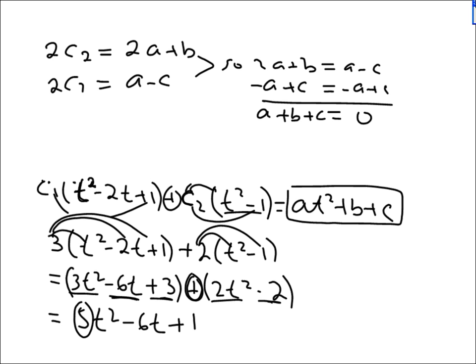When I add the a, the b, and the c, I can add them in any order. 5 plus 1 is 6, minus 6 is 0. Or if you insist, 5 plus a negative 6 is negative 1, plus 1 more is 0. The only thing I can get for any polynomial in P2 or below is that the a, the b, and the c, when you add them up, have to be 0.